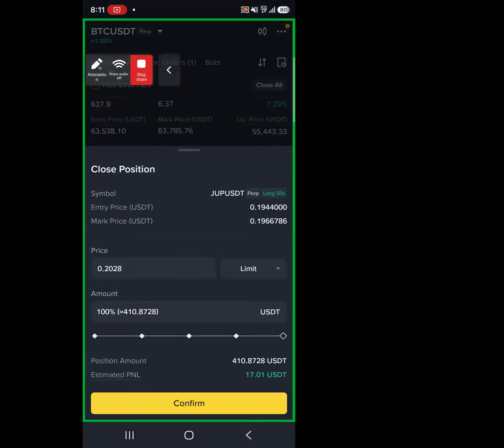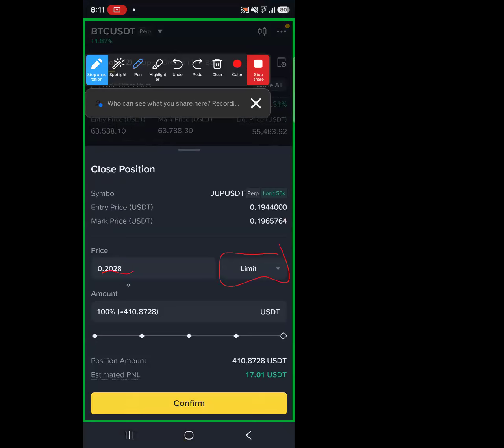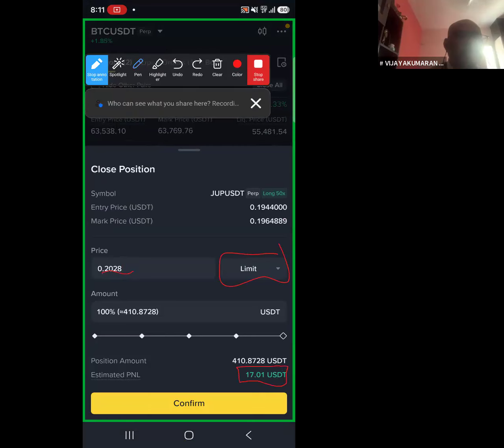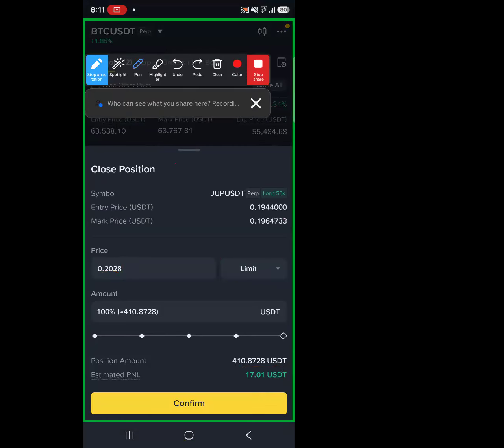So it means when the price gets to 0.2028, this is the profit I'm going to realize. From the $10, I'm going to make $17.